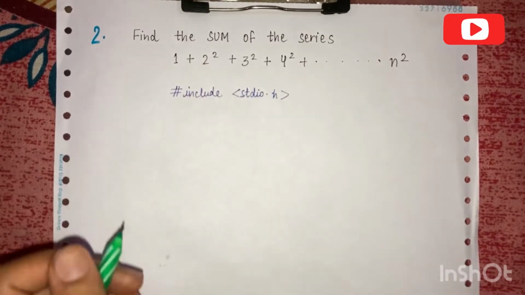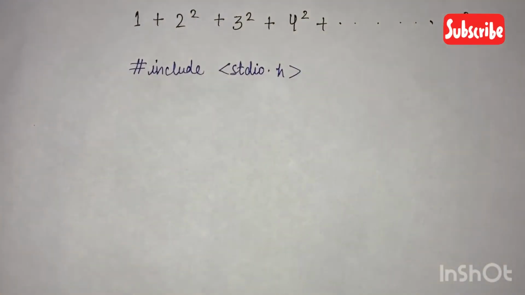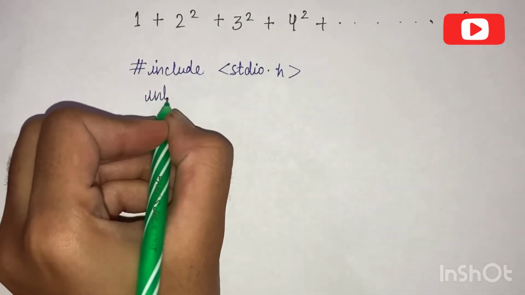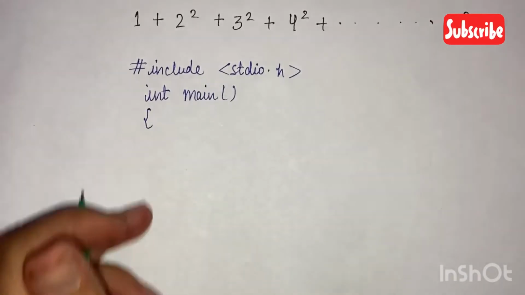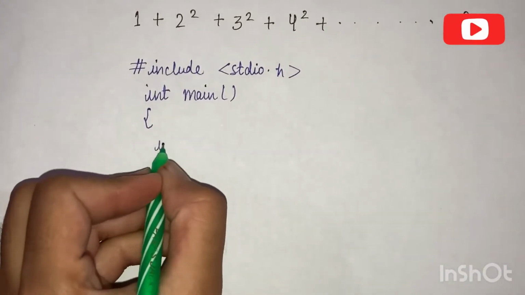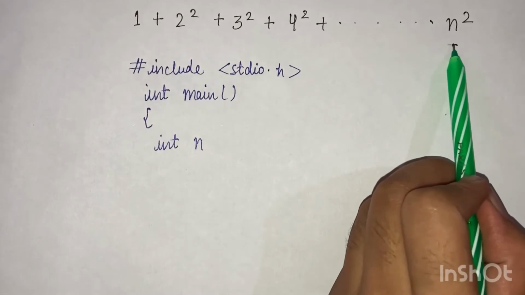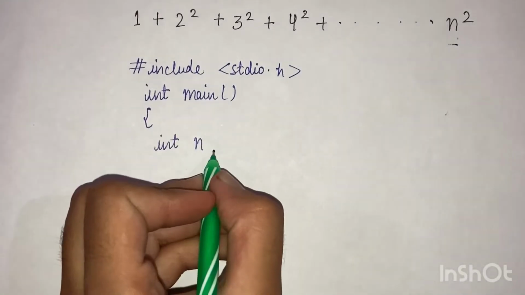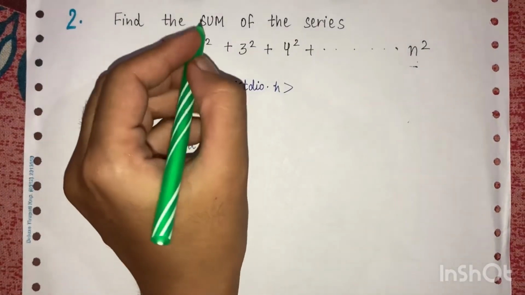I'm simply writing the header file that we use in C program here, that is include stdio.h. Then I will start writing the main function, int main. This is the block of the main function. Then I'll declare certain variables: n, because we have to take n from the user, and also we are finding the sum of the series.